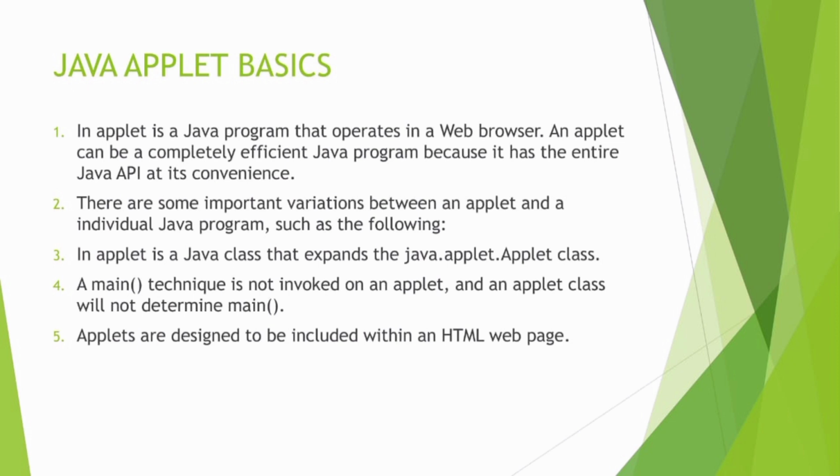An applet is a Java class that extends the java.applet class. A main method is not invoked on an applet, and an applet class will not define main. And lastly, applets are designed to be included within an HTML web page.